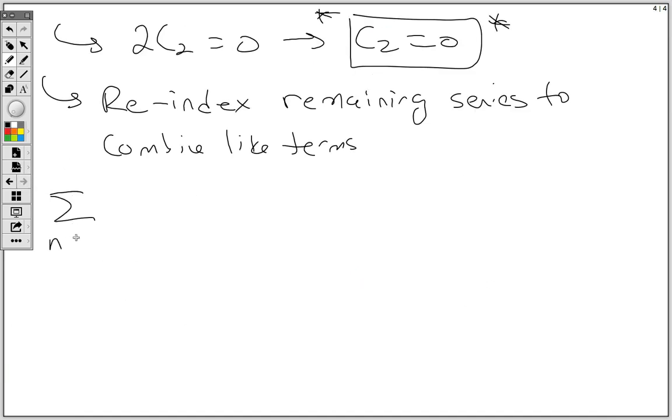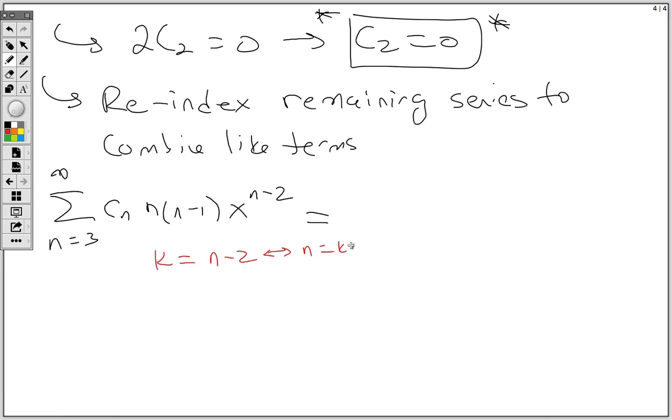I've got the sum n equals 3 to infinity, Cn, n times n minus 1 x to the n minus 2. I'm going to let k be n minus 2, which means n is k plus 2. And so what does my new series look like in terms of k?